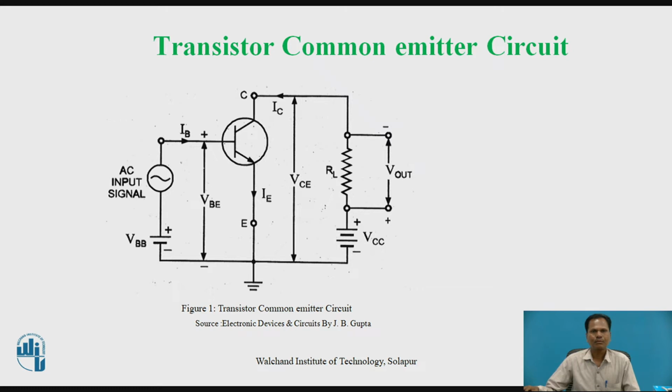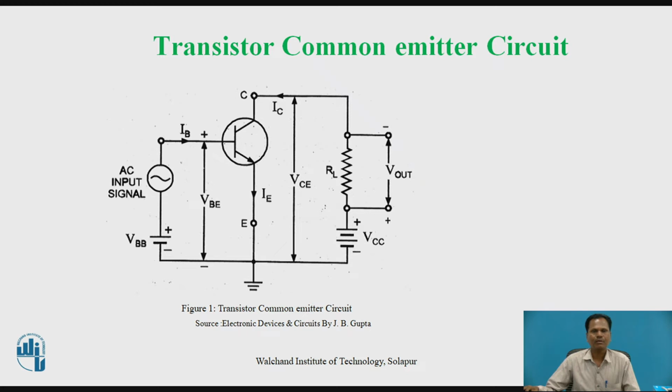So IC is the output current and VC is the output voltage, and VB is the input voltage and IB is the input current. And the resistance connected in the collector terminal, either a collector resistor RC or a load resistor RL, is the current limiting resistor connected in collector terminal. It limits the amount of collector current as well as it is used to produce the output voltage.